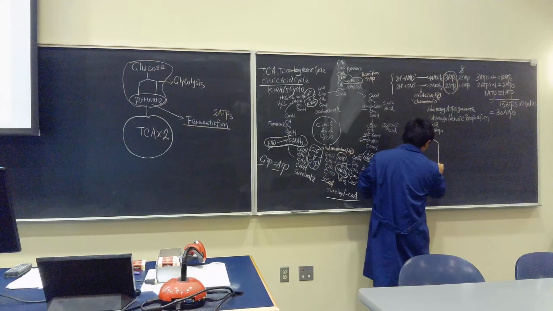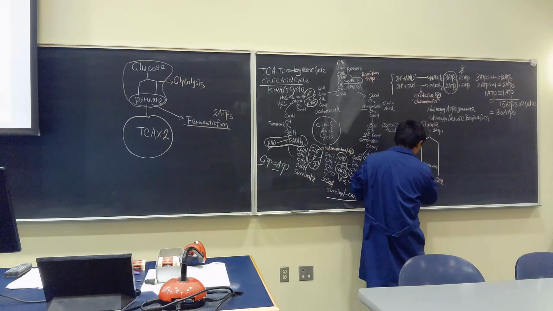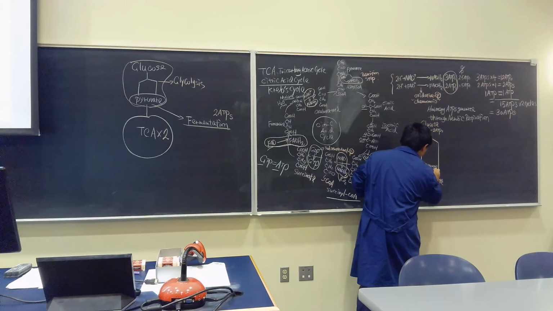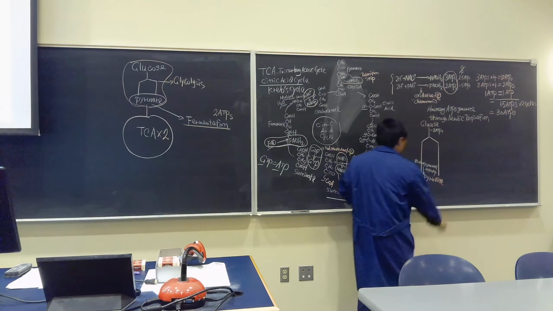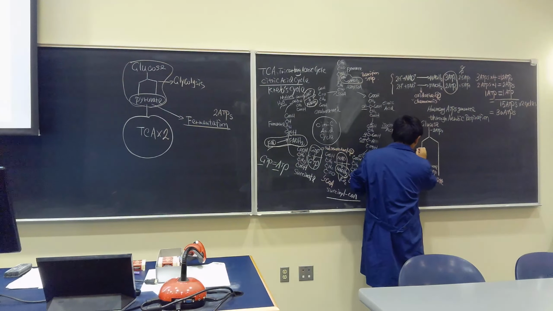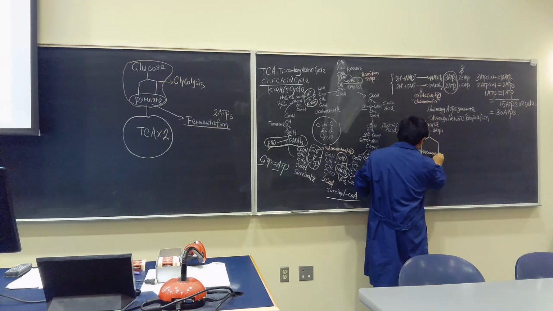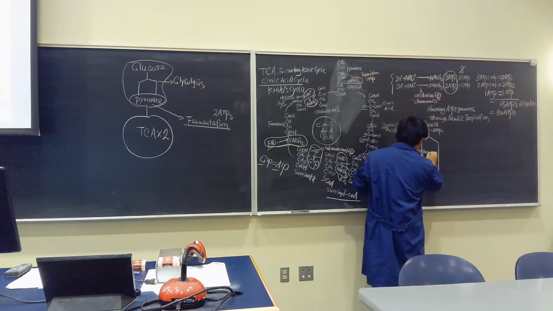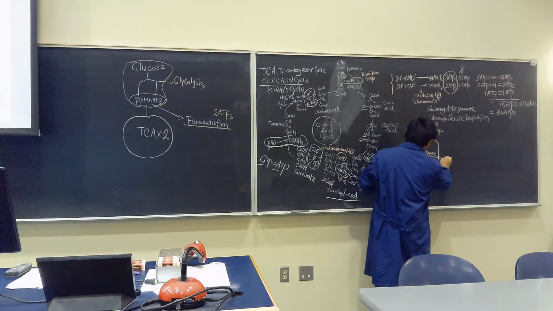Phosphoenolpyruvate becomes pyruvate. There is 1 ATP generated in one branch. Another place is where 1,3-bisphosphoglycerate becomes 3-phosphoglycerate, and 1 ADP becomes ATP.